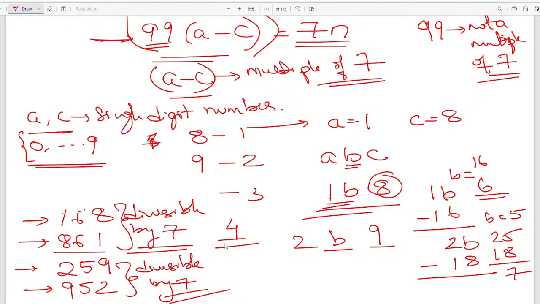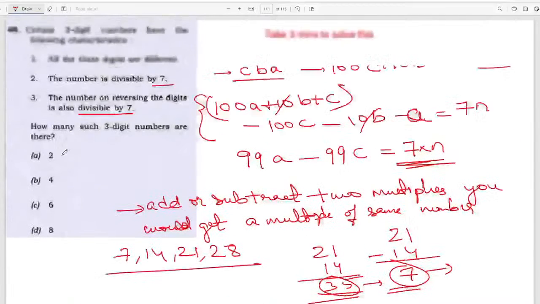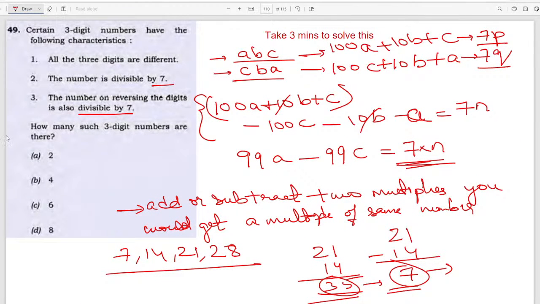I hope this is clear. So the answer is option B, 4. So there are 4 3-digit numbers which satisfy these conditions. I hope this is clear. If there is any doubt, please ask.